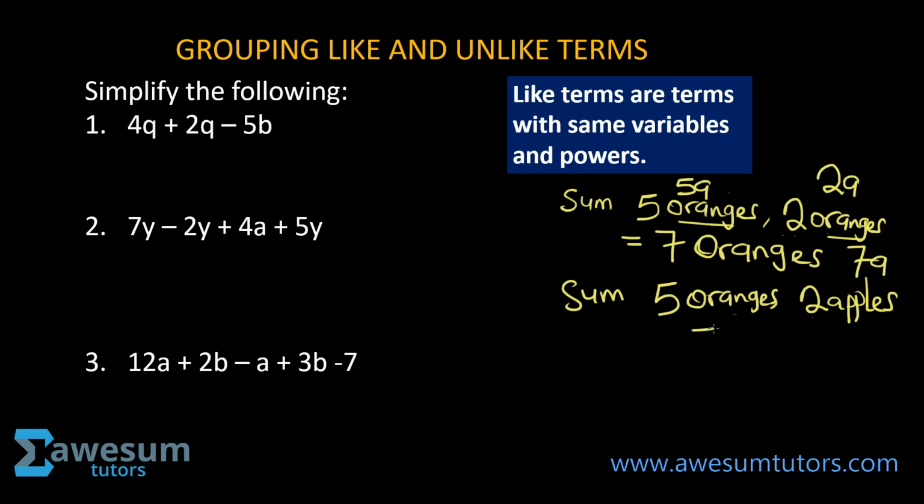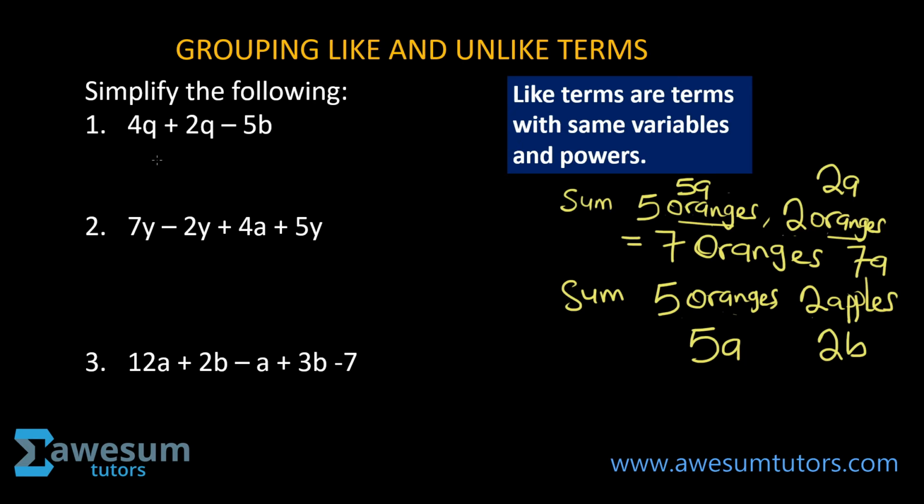If 5 oranges is 5a and 2 apples is 2b, you cannot add that. They are unlike terms. That is the same approach we are going to be using in solving our algebra.